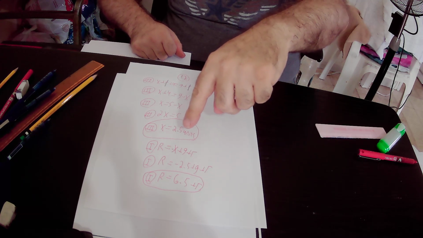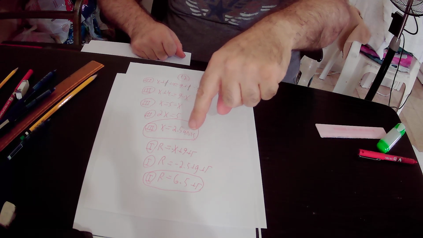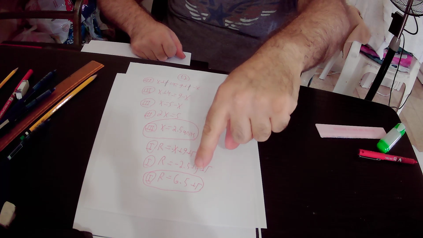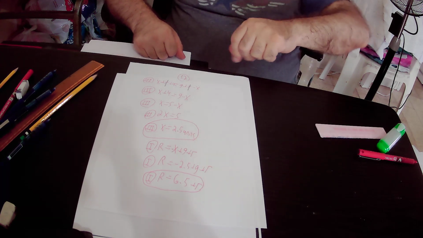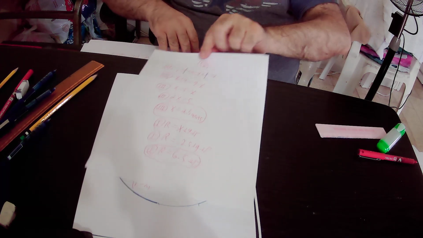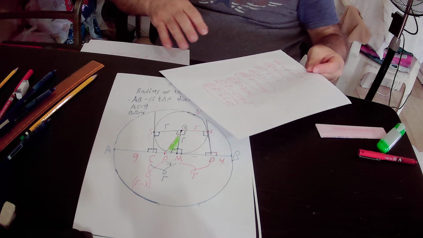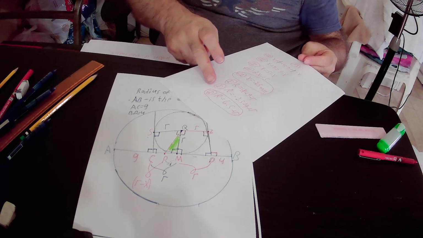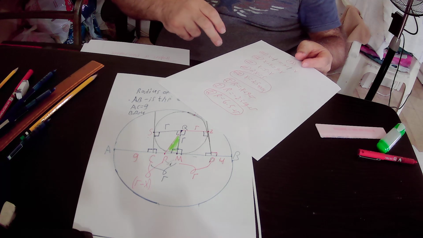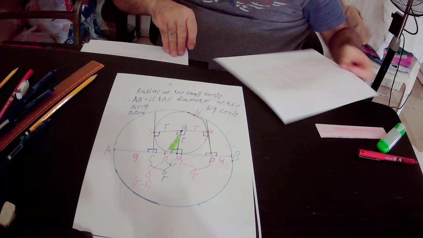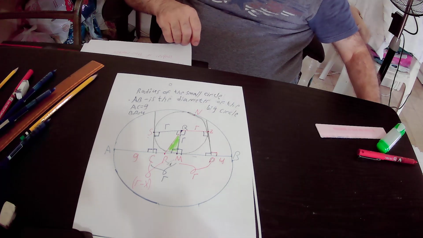We substituted that X by 2.5 units, and we got that capital R equals 6.5 plus small r. Okay, so we have this equation number 1 for the radius of the big circle.